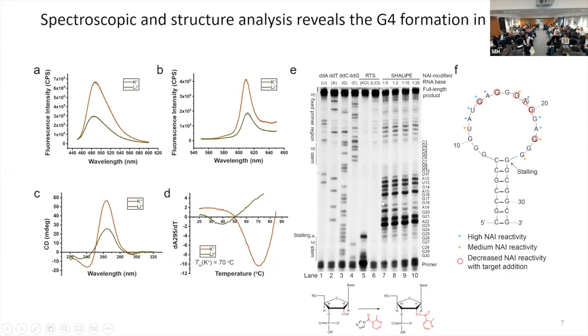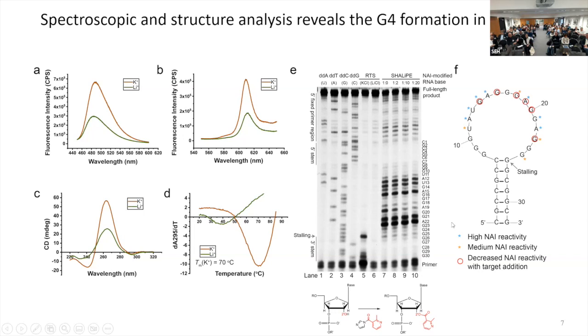This is because there is a G4 conformation, and the G4 can protect the nucleotide bases from NAI modification, so some have lower NAI reactivity. And after I add different concentrations of target, some of the nucleotide bases have lower NAI reactivity, like this one, and also this one, and this one.